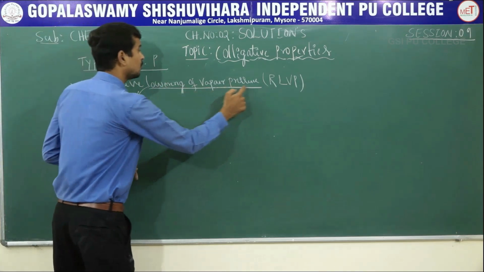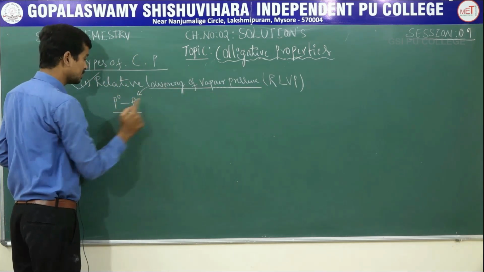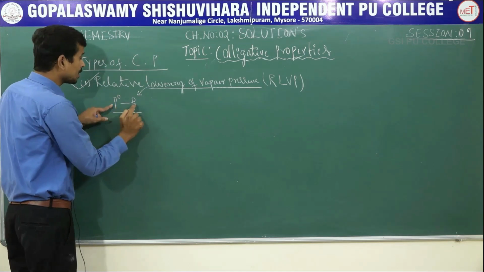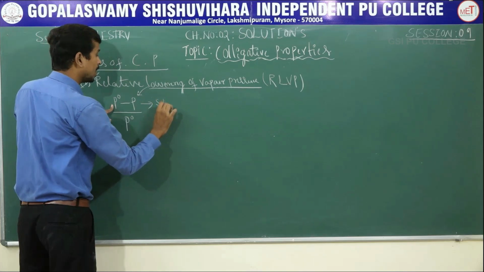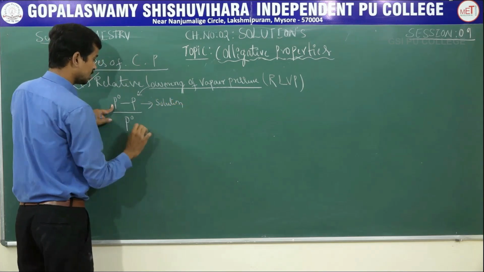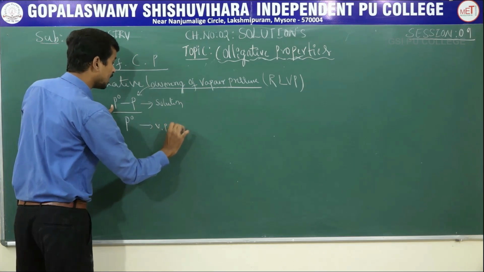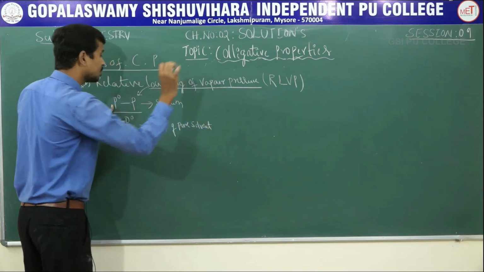Relative lowering of vapor pressure is what? It is the ratio of P naught minus P, where P is the vapor pressure of the solution, and P naught indicates what? Vapor pressure of the pure solvent.